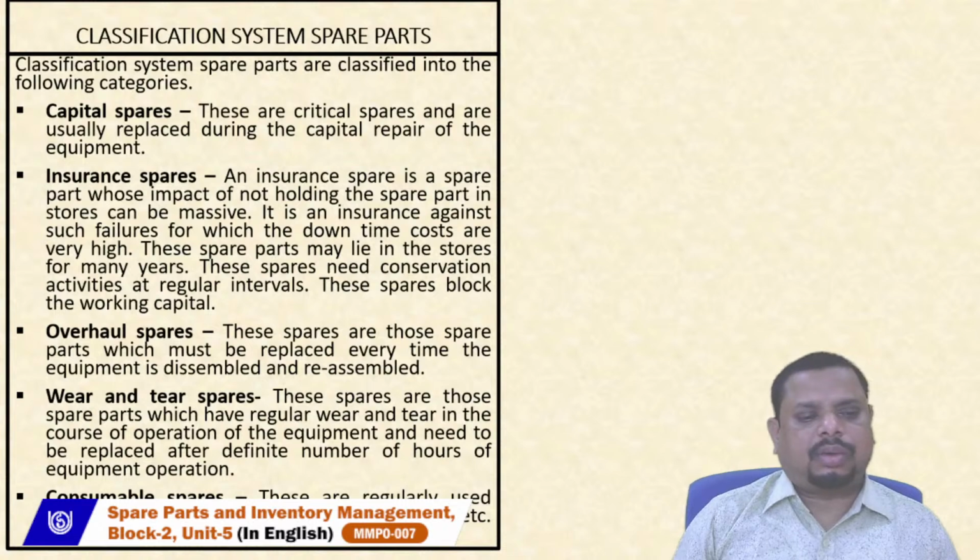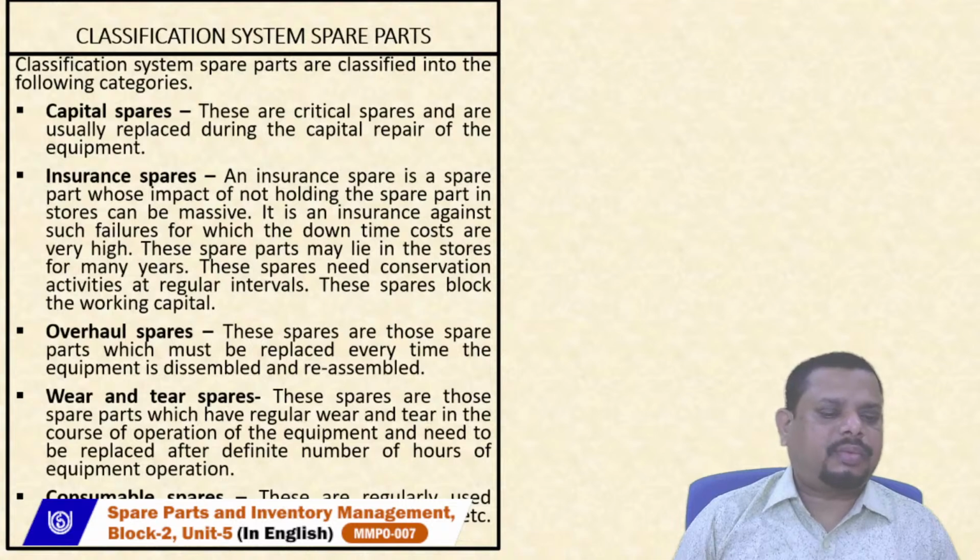They wear out at regular intervals, after 24 hours, 48 hours, or maybe 2 to 3 days. So at every interval you have to replace these wear and tear spares so that your operation is not interrupted.